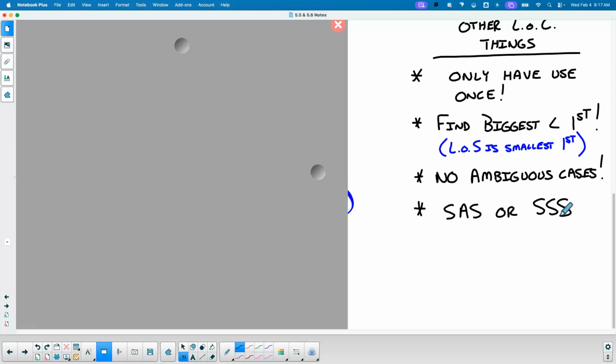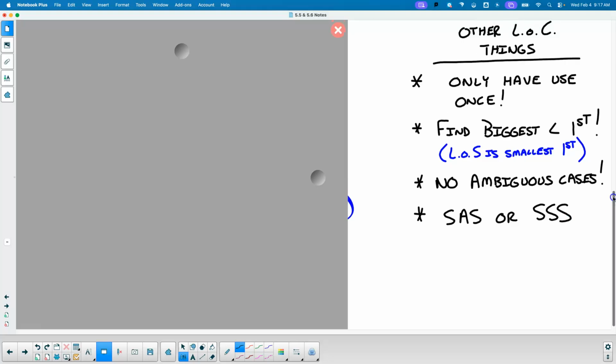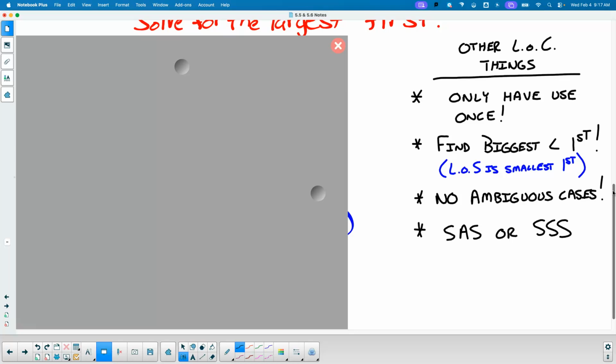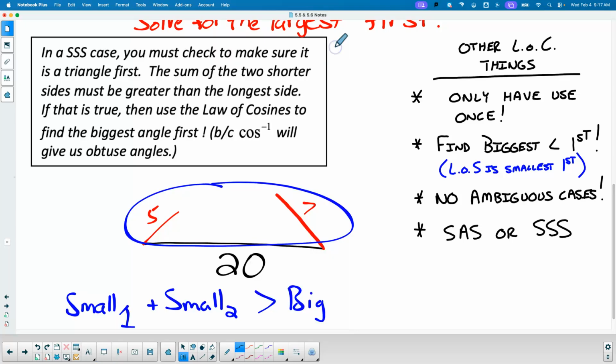Okay? Now, there is one thing, it's not an ambiguous case, but there is one thing that we need to talk about, and that is that side side side case. In a triangle, in order for a triangle to be formed, the two shorter sides of the triangle, the sum of those two sides, has to be bigger than the third side.